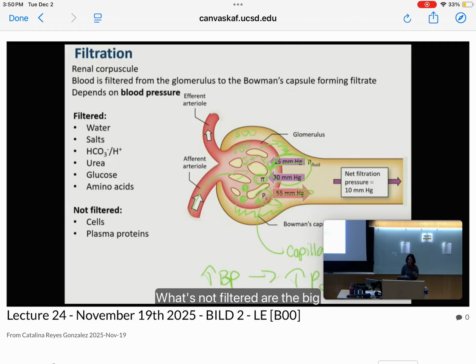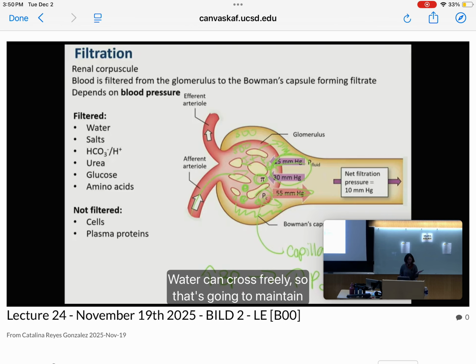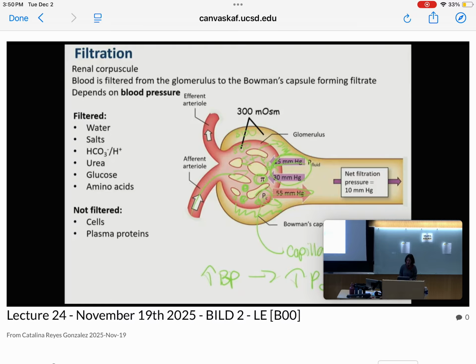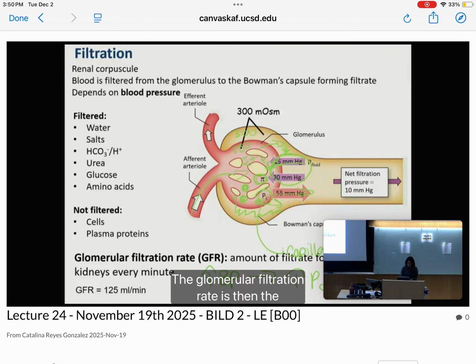What's not filtered are the big cells and the plasma proteins. Water can cross freely, so that's going to maintain the osmolarity the same. So the osmolarity is going to be 300 millismolar in plasma, in the glomerulus, and in the filtrate in the Bowman's capsule. The glomerular filtration rate is then the amount of filtrate produced by each kidney per minute.